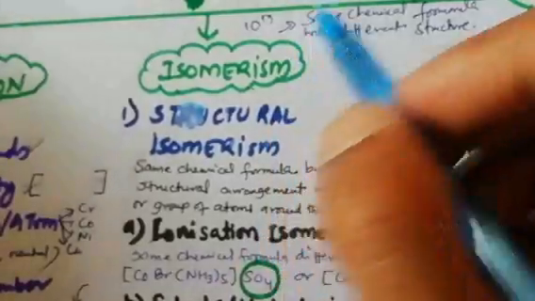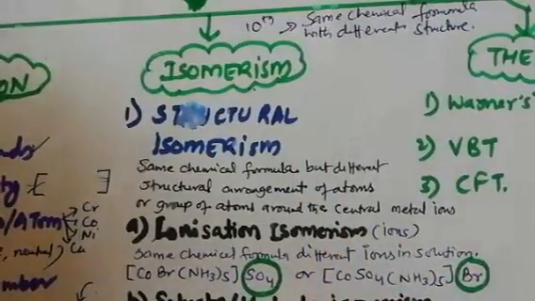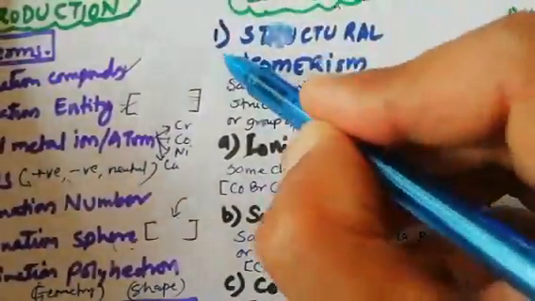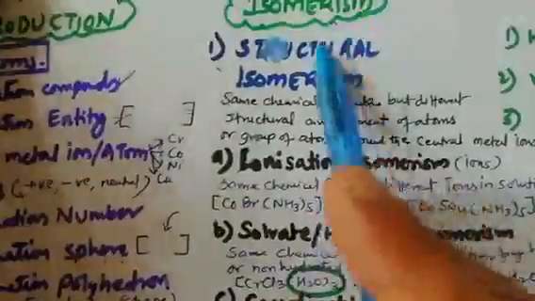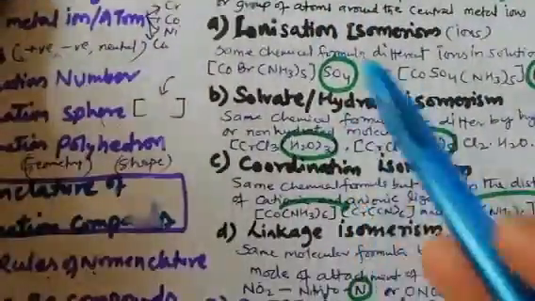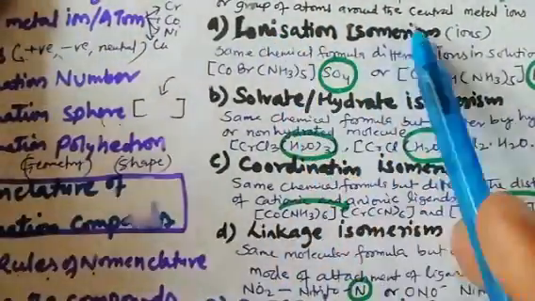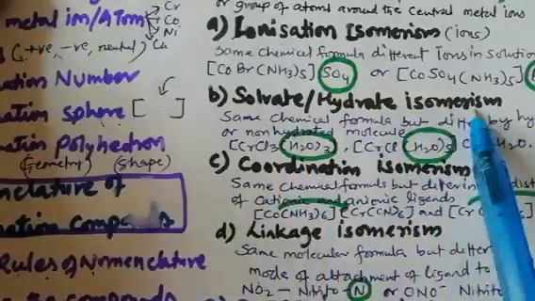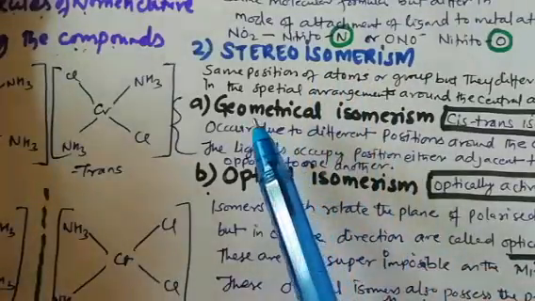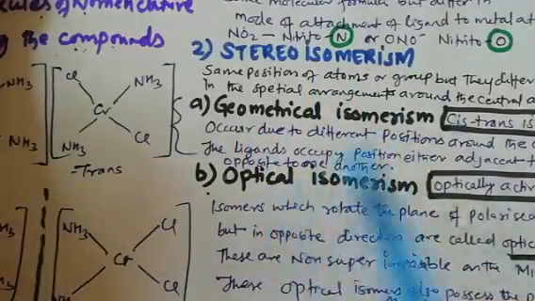There are two types of isomerism: structural isomerism and stereoisomerism. First we will do structural isomerism, under which there are four types: ionization isomerism, solvate or hydrate isomerism, coordination isomerism, and linkage isomerism. Under stereoisomerism there are two types: geometrical isomerism and optical isomerism.